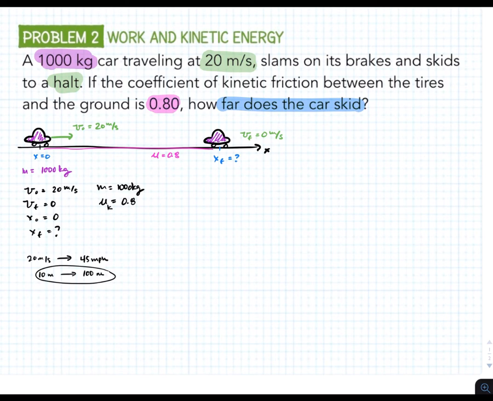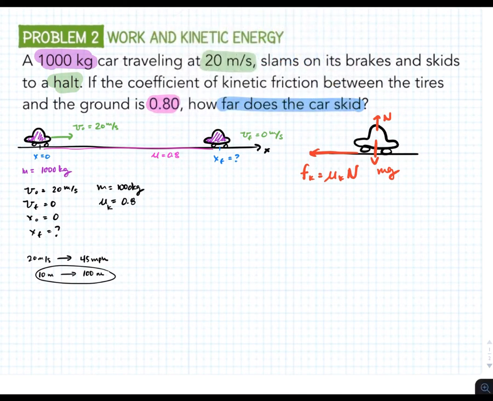Because we need work, we're going to have to redraw our car one more time, because we need forces. So we know normal force, weight mg, and then our kinetic friction, mu k n. And we know what n is from this, so we're going to use that too.